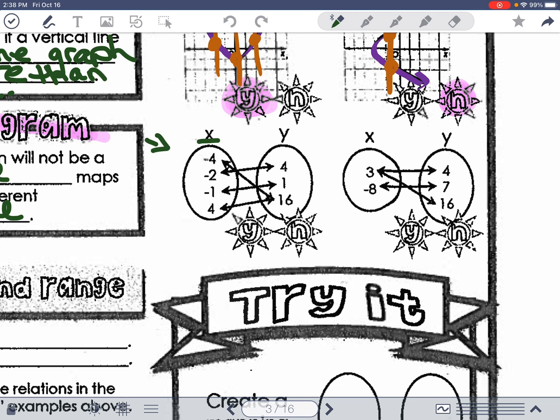And as you can see, these are your x values, these are your y values. What I do is I focus on the arrows coming off of these inputs, the x values. If there's only one arrow coming off of each number, then we have a function. If we look at the next example, we have 2 arrows coming off of 3. You cannot have 2 outputs for one input, so this is not a function.